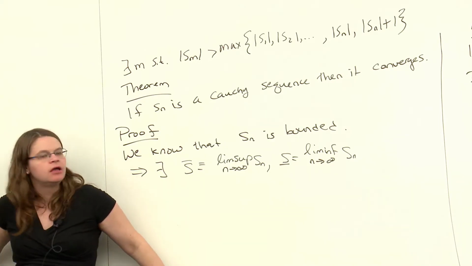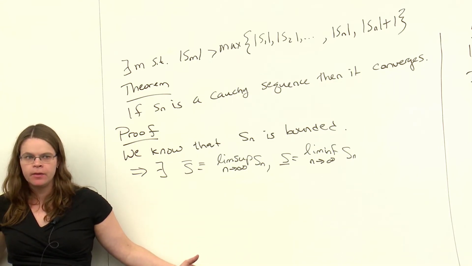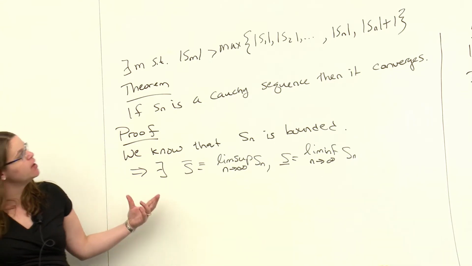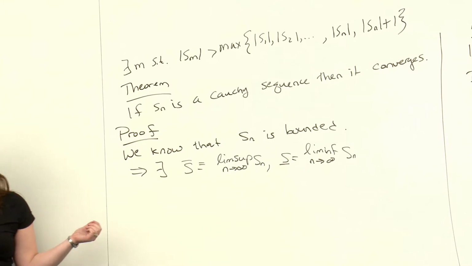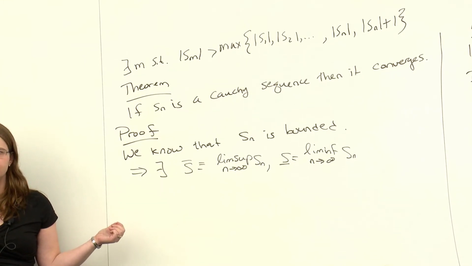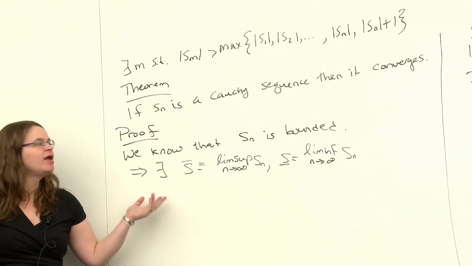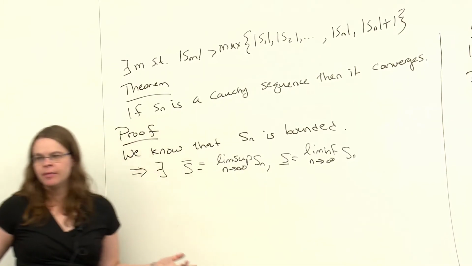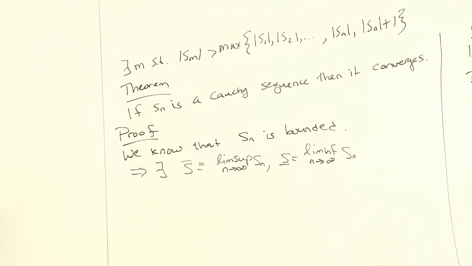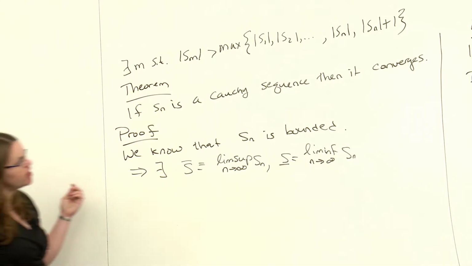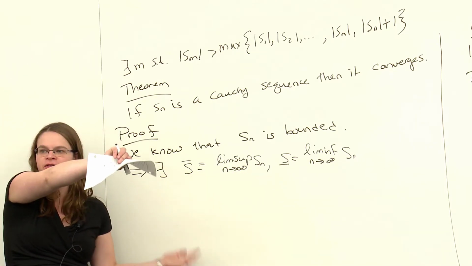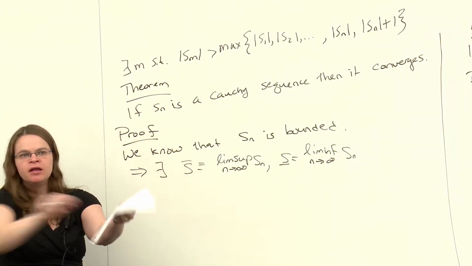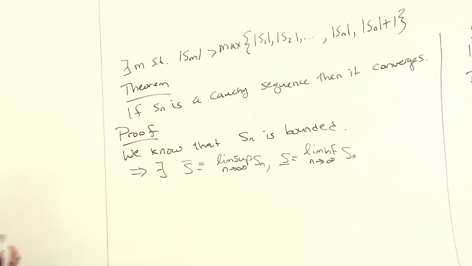I don't have any sense of what my S is going to be, right? But we're trying to prove this thing is convergent. So what are reasonable numbers for my S to try here? Yeah. S bar and S underbar, right? I don't have any other way to guess at an S. So I'm hoping that these are the limit. In particular, we said it's actually enough for these to be equal to each other, right? If the least upper bound and the greatest lower bound in the limit are the same, then in the limit, my sequence is going to be sandwiched in between these two things, and it will also converge to these two things.